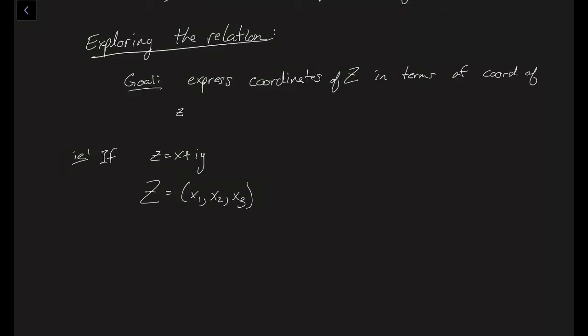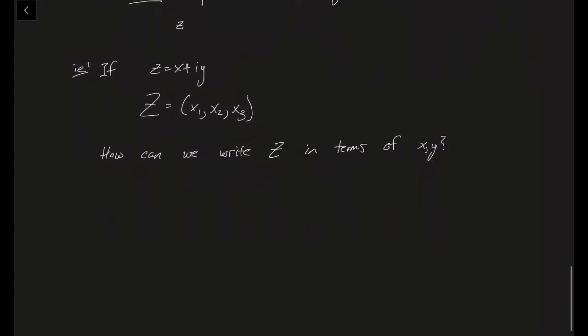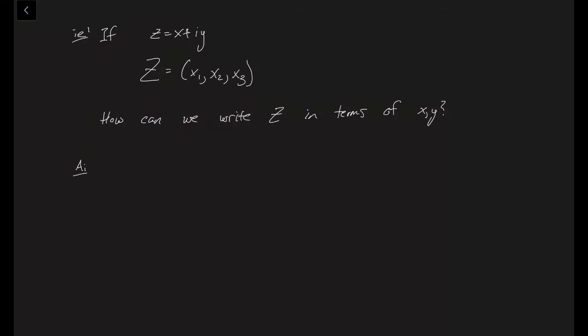So to do this, let's look at the line in R3 going through the North Pole and the complex number on the plane, so the line NZ. We can write this line in two ways. The first way is tN + (1 - t)z, where t ranges over the whole reals.